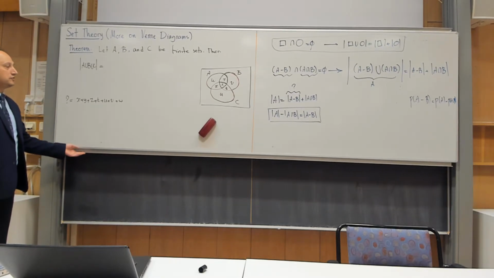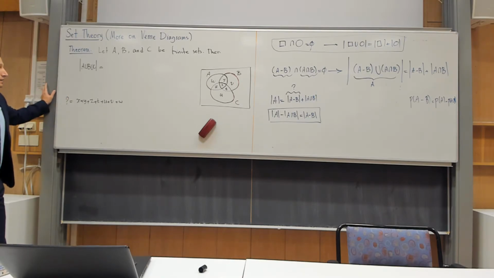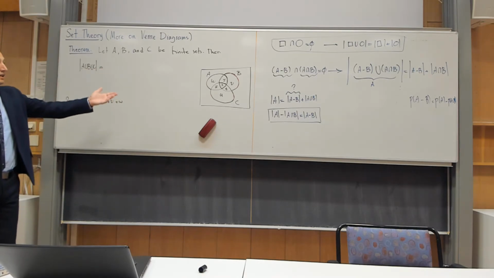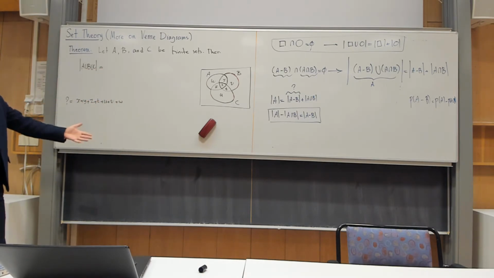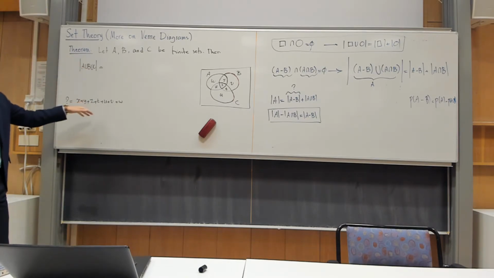It's clear from the Venn diagram there is nothing mysterious going on. I just need to add them. Okay, but can I write this formula in a little bit nicer way so that the cardinality of A, the cardinality of B, the cardinality of C, and some cardinality of intersections are also transparent in the way that I am writing it here?